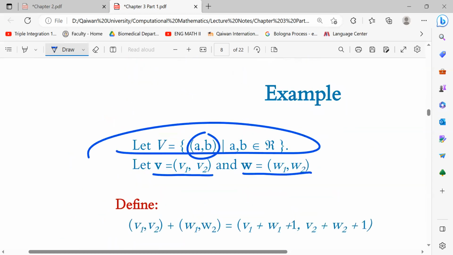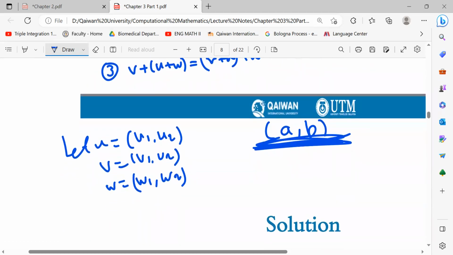As you see, the vectors in V are in this form, (A, B), where A and B are real numbers. We take these vectors from V. These are in V.